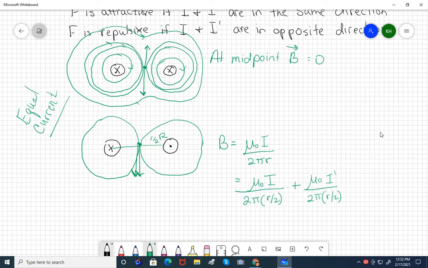Again, since those are the same, we could actually add this. This is mu0 I over pi r, plus mu naught I over pi r, which is going to be 2 mu naught I over pi r. R is this distance between the two.